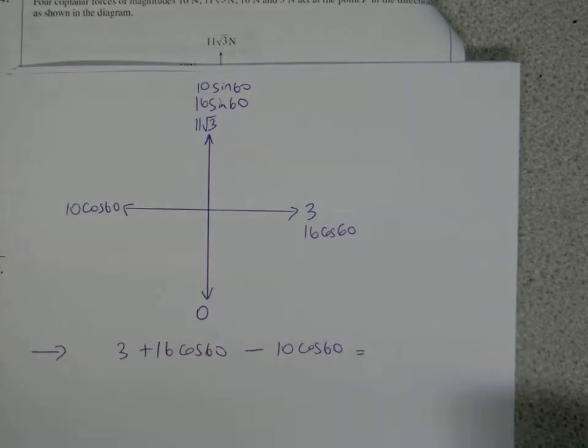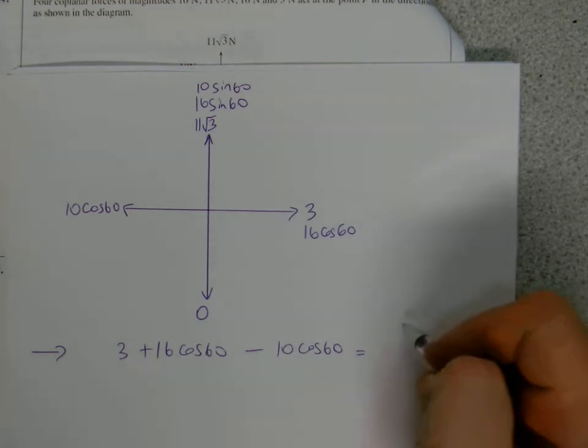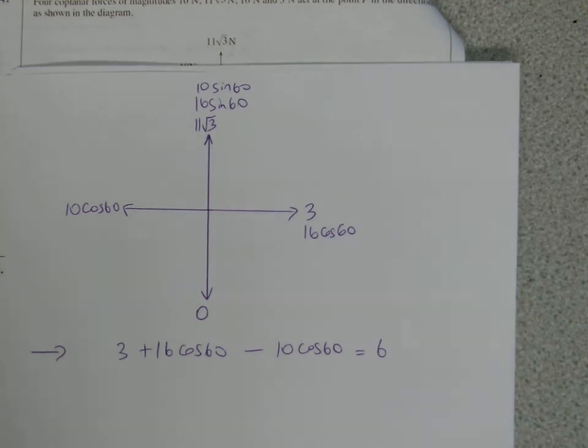We'll have 3 plus 16 cos 60, take away 10 cos 60. So that's the same, of course, as 3 plus 6 cos 60, isn't it? Because 16 cos 60 take away 10 cos 60 is 6 cos 60, and that comes out to be 6.